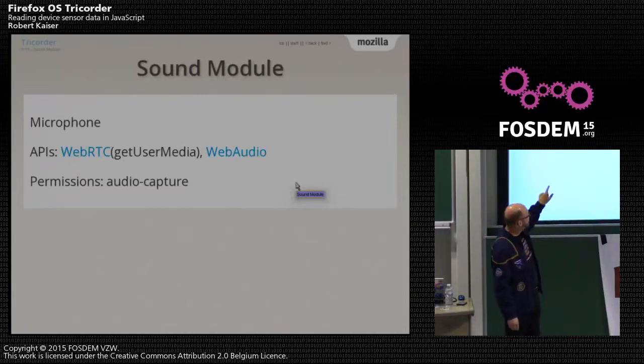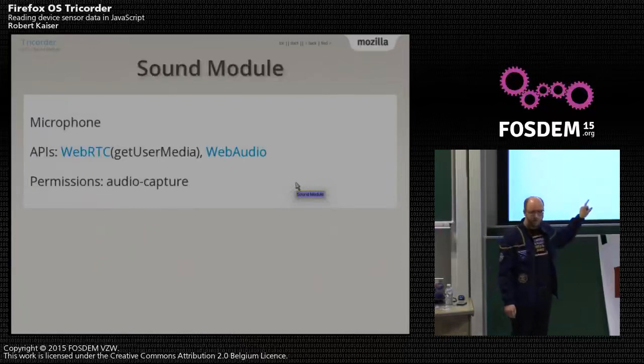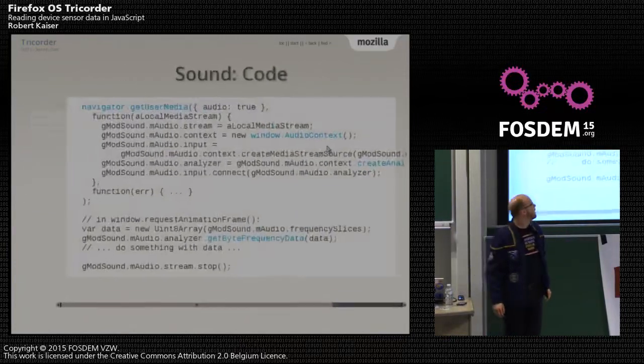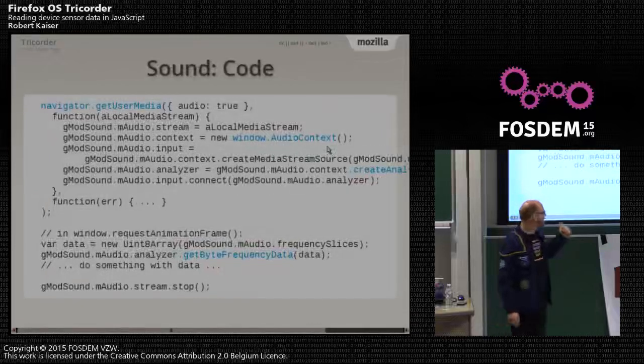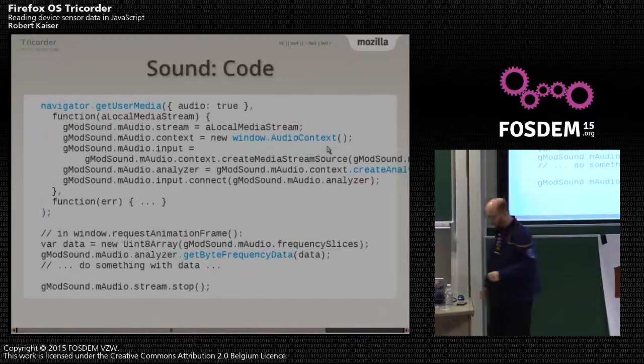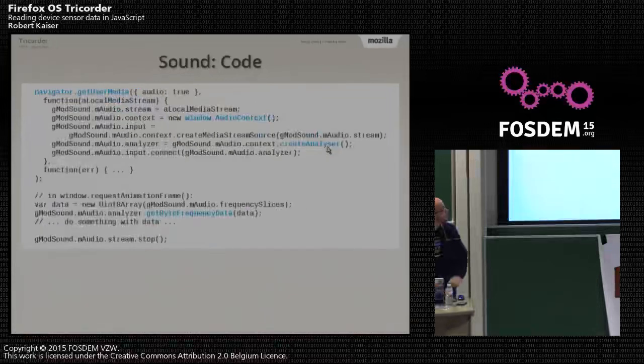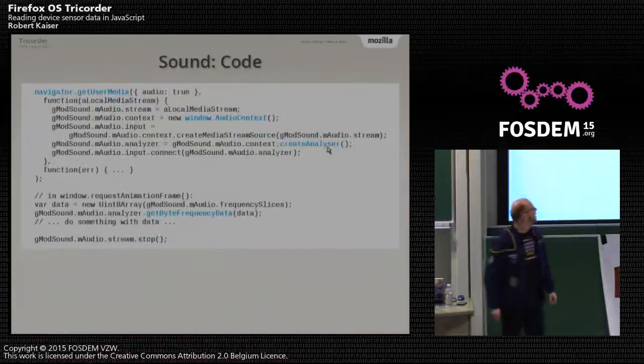The permission you need is audio capture for the WebRTC Get User Media part to actually fetch the audio data from the microphone. And that looks like this. As I said, probably the most complicated piece I have in there. And what I feared is true, that we don't even see that completely here.